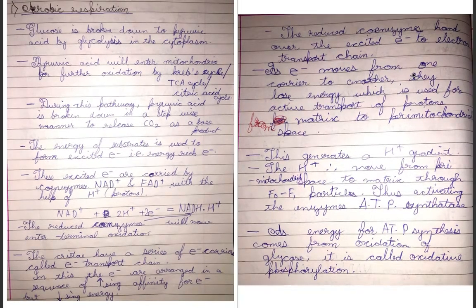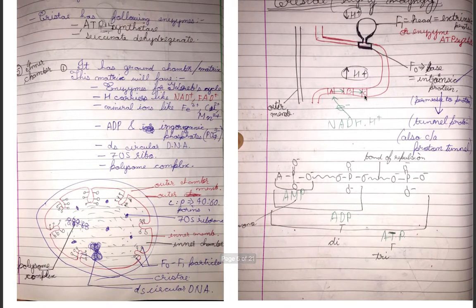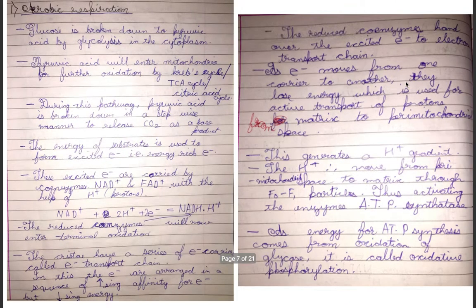The energy that is lost is used for the transport of protons inside the cristae, so as to make a proton gradient inside. Active transport of protons from the matrix to the perimitochondrial space, that is the inside of cristae, generates a proton gradient, and the protons therefore move from the perimitochondrial space to the matrix through F0 F1 particles.